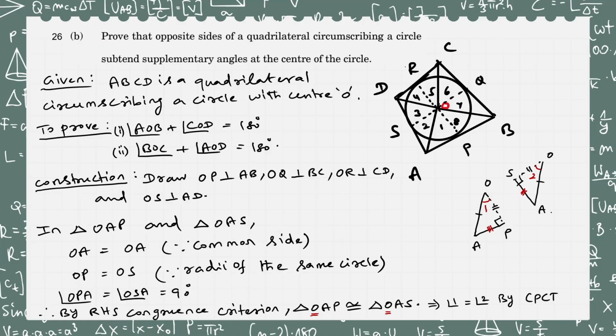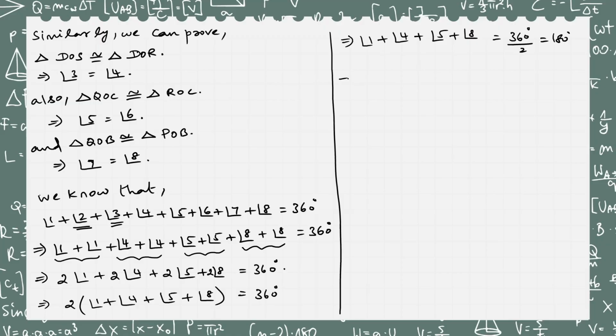And look at the picture once again. 1 plus 8, we can combine both 1 and 8 together. That is nothing but angle AOB. And 4 and 5 we can combine together, and that is nothing but angle COD, right? So that's what we are going to do now. That implies angle 1 plus angle 8 plus angle 4 plus angle 5.